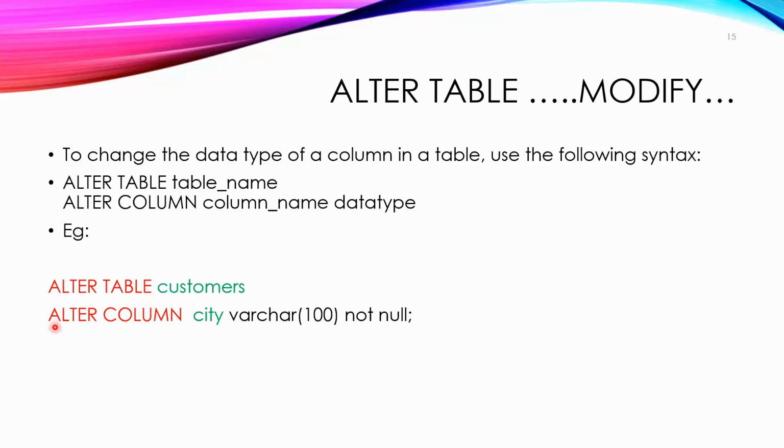Alter table customers, alter column city varchar 100 not null, right? So you already have the customer table and you already have the column city. Assume you want to change the data type, then you can write alter table customers, alter column city, and you are going to use this data type, and it should not be null, right? That is what is mentioned here.